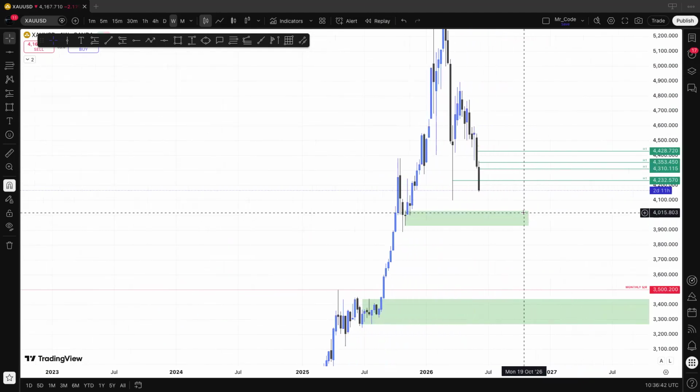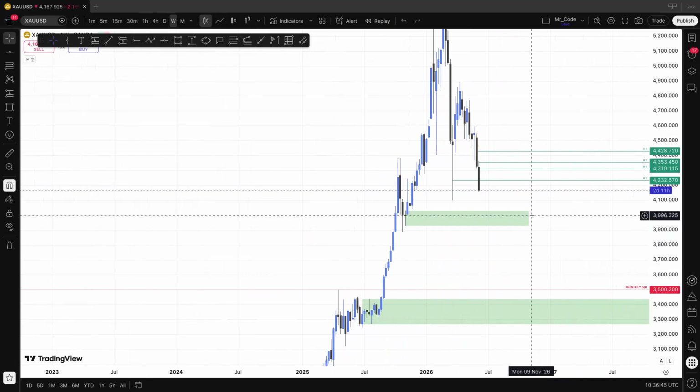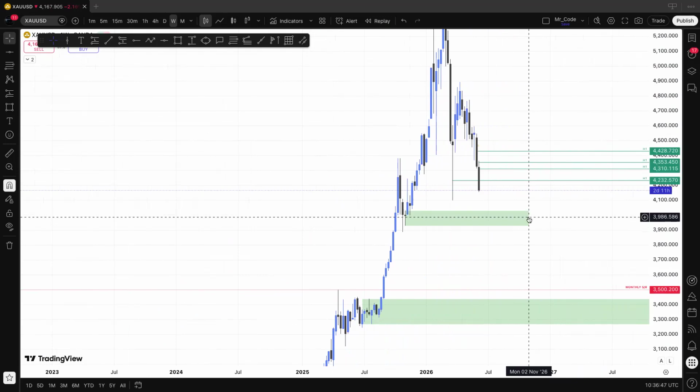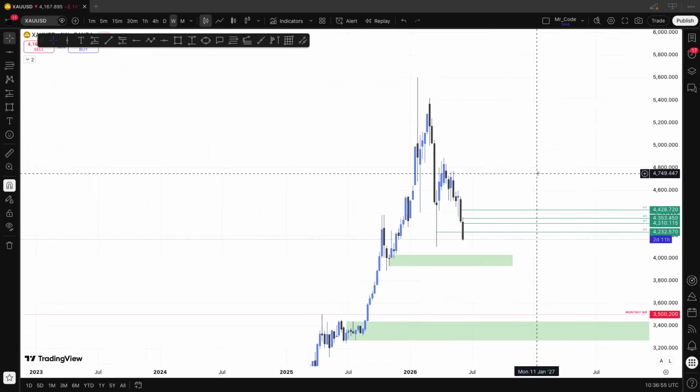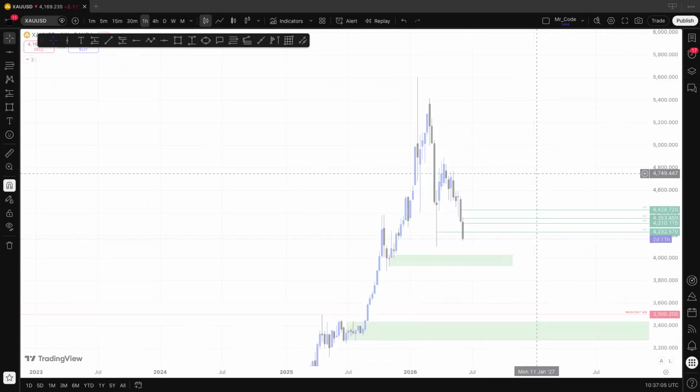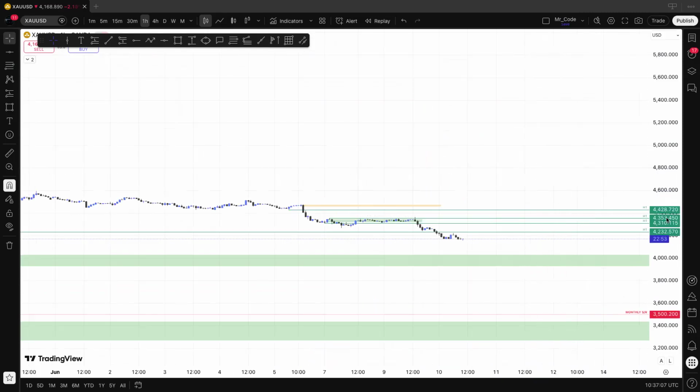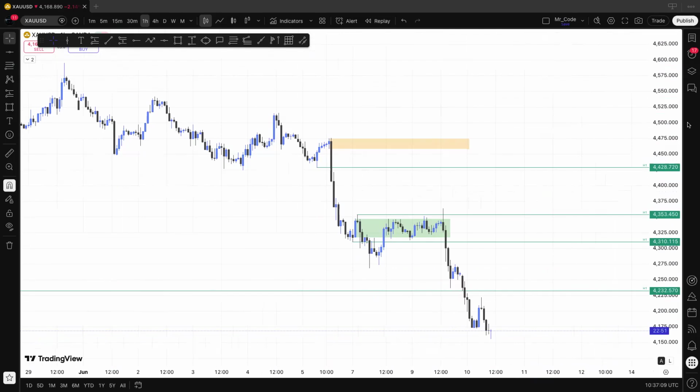The next target for XAU USD is this weekly demand, and this weekly demand will determine if gold would like to continue its all-time high movement or continue bearish. So on XAU USD, the market is still bearish.